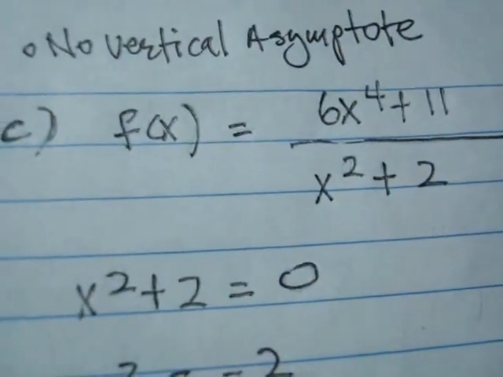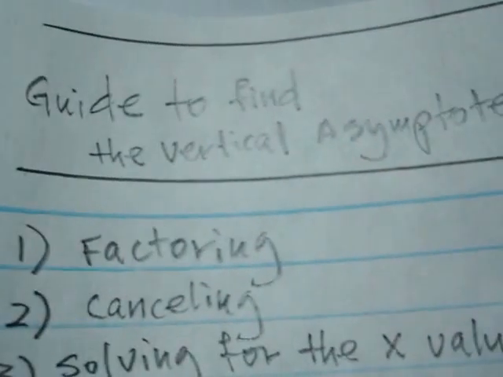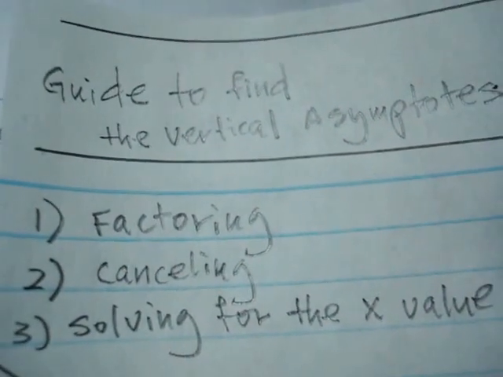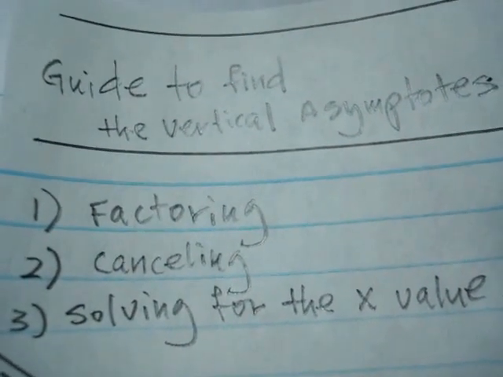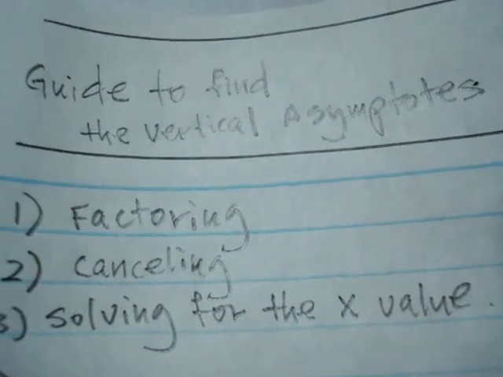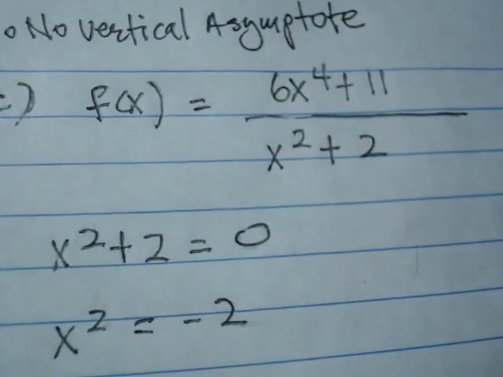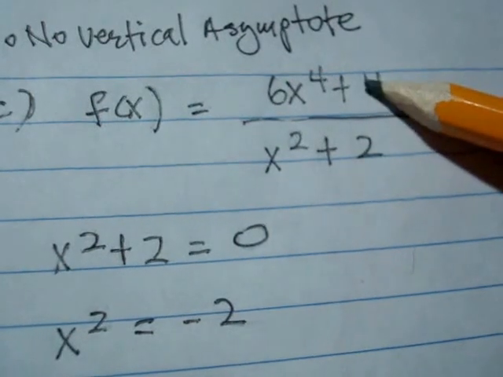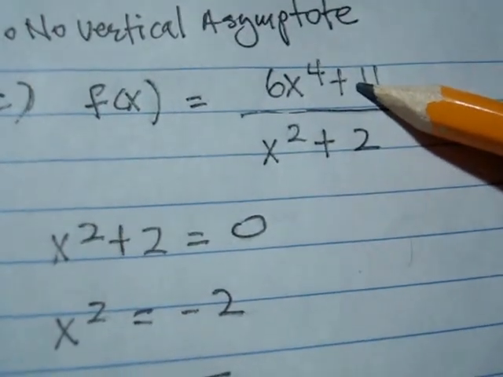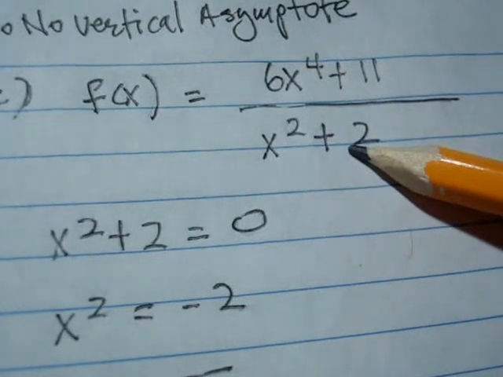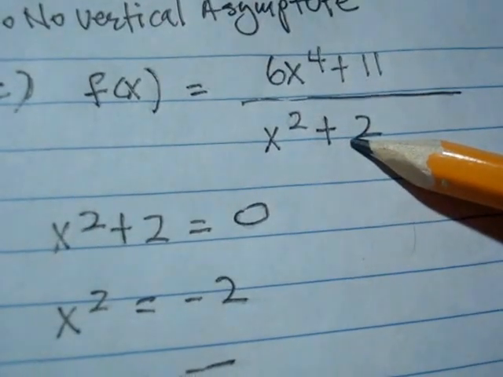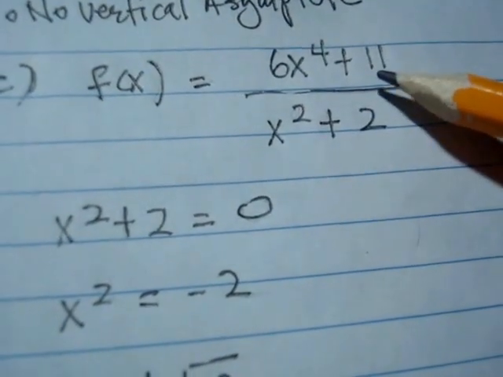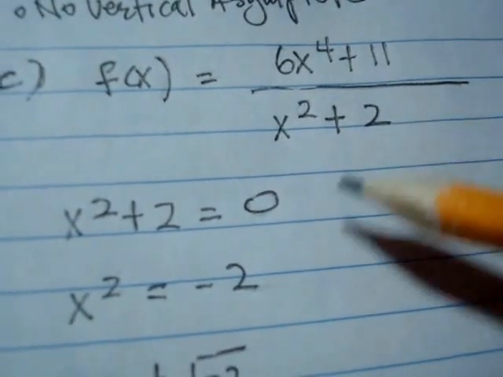According to the guidelines, the first thing is to factor, the second thing is to cancel, and the third thing is to find the x value. So let's start with the first step. Notice that the numerator cannot be factored and the denominator cannot be factored.